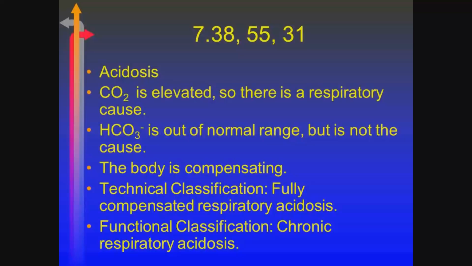The CO2 is elevated, so it's got to be a respiratory problem. The bicarbonate is out of range, but it's not the cause. It's the compensating factor. So our technical classification will be fully compensated respiratory acidosis. He goes into a functional classification. It's a chronic problem. This is somebody who has not just developed this problem. It's somebody who has long-standing respiratory failure.